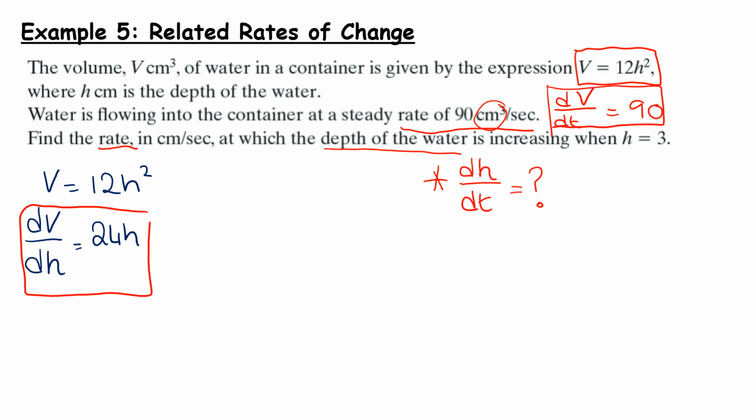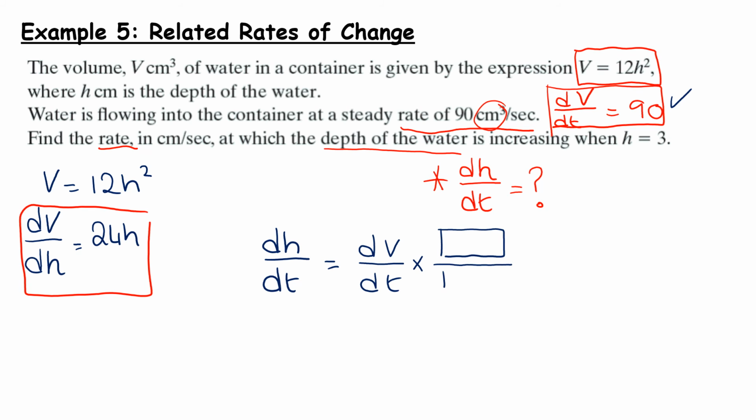And then this is what I want. So let's start with what I want. I want dH dt. I was given dV dt. That's what I was given. I then need to multiply it by something to make this correct.